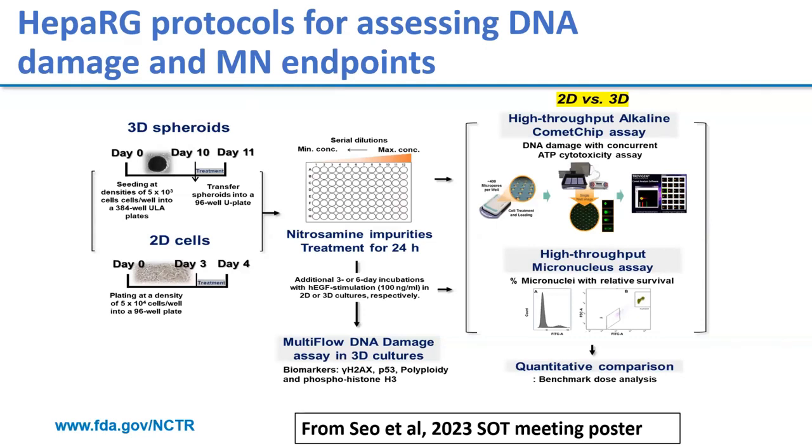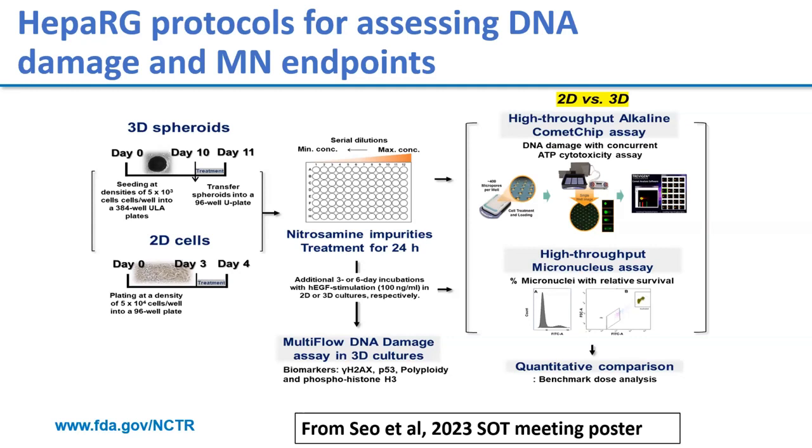So this is how Jian and colleagues are setting up experiments. For the studies to date, they have been treating both 2D and spheroid cultures and comparing the responses. As I indicated, the spheroids are made in 384 well low attachment plates, but the treatments for both the spheroids and 2D cultures are conducted in 96 well dishes, which are shown at the top middle here.